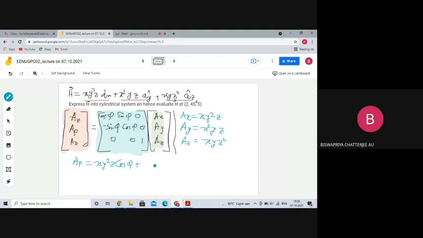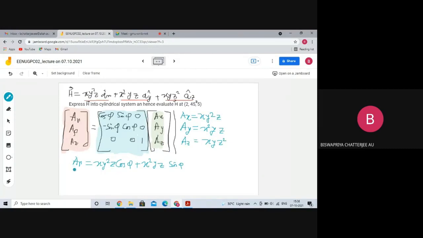So what is Ay? x square y z sin phi. And what about Az? Az into 0, so the z component will become 0. So this is the Ar, right?